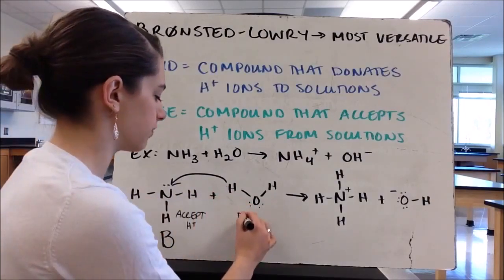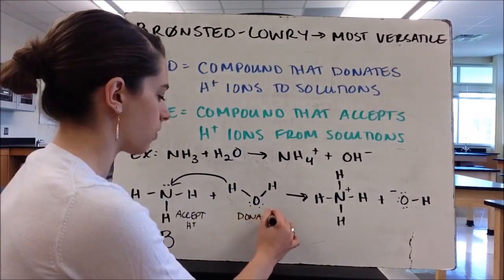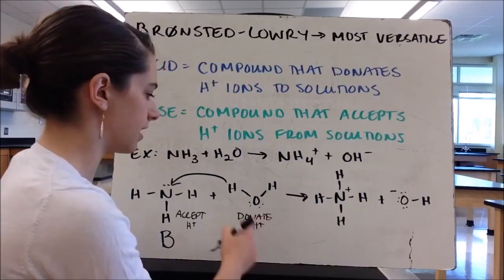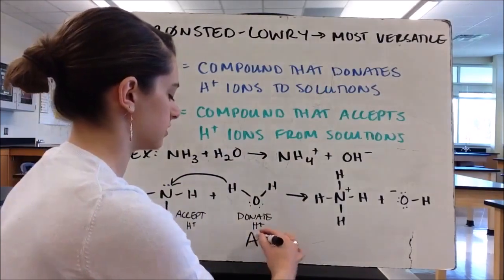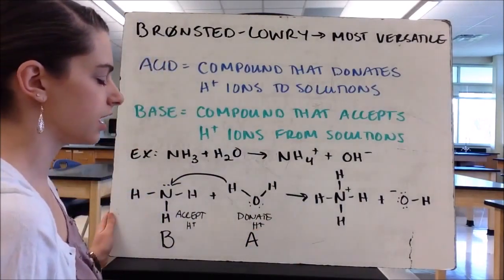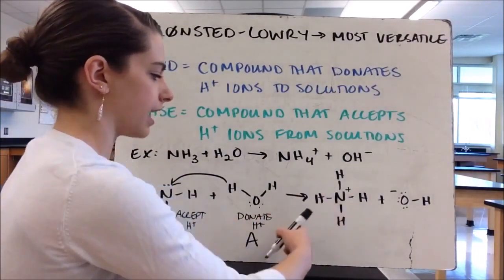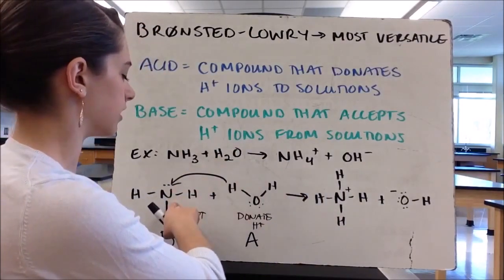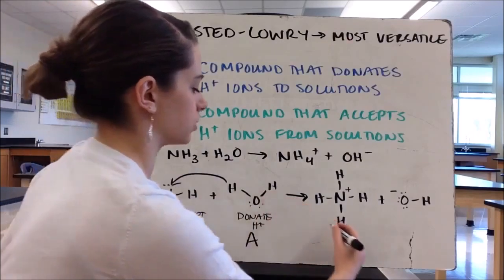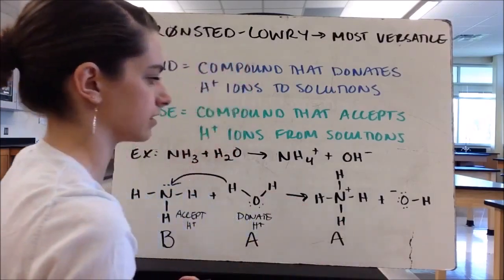Well, that hydrogen came from our water. Since the water donated the H+, that makes it the acid. If we go the other way, our NH4+ would be the one to donate the hydrogen ion to get back to NH3, so this would also be an acid.